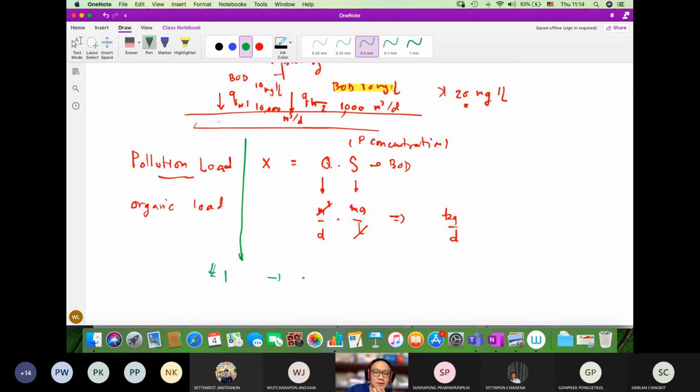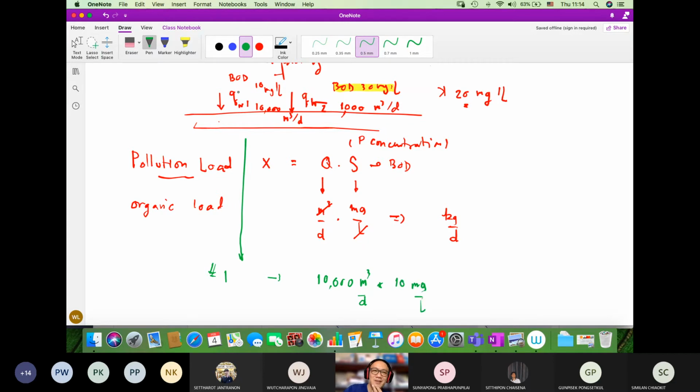For the first source, the flow rate is 10,000 cubic meters per day, right? And the BOD is just 10 milligrams per liter.